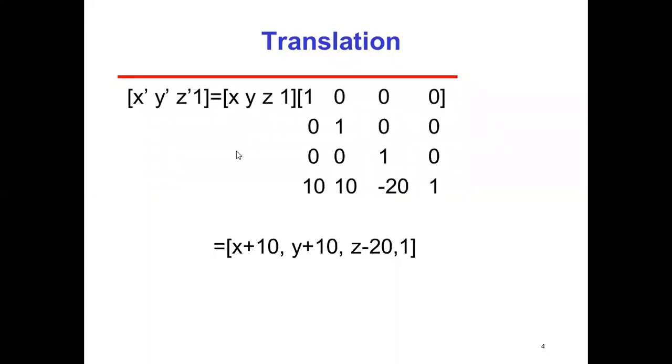Okay, so here we will replace the values of tx, ty and tz, and then we will multiply these two 4 by 4 matrices, that is x, y, z 1 by this translation matrix. Okay, and we will get x plus 10, y plus 10, z minus 20 and 1.